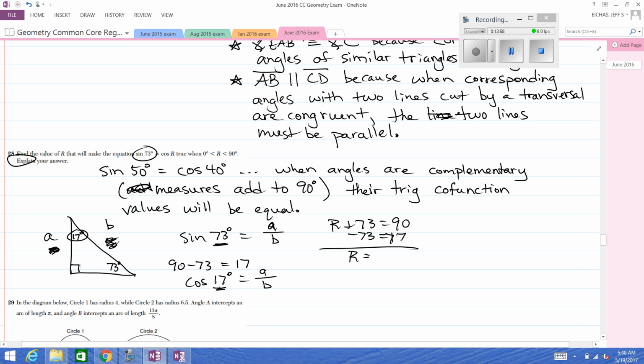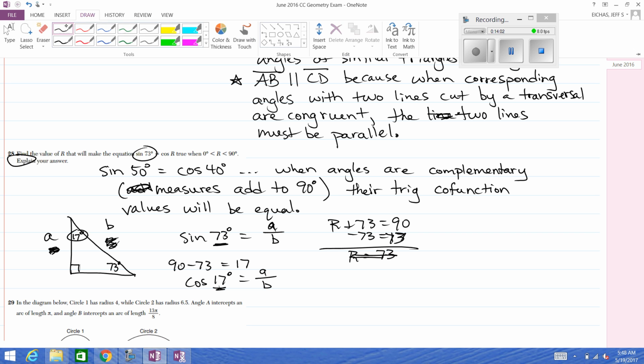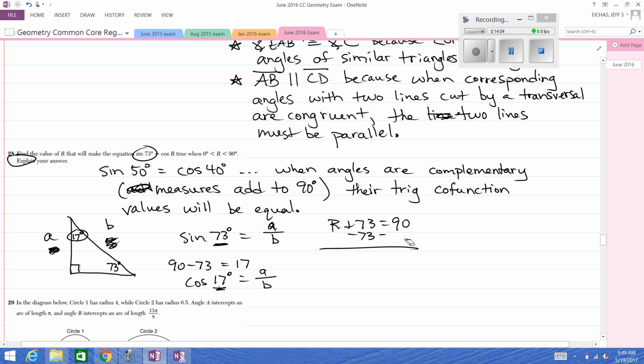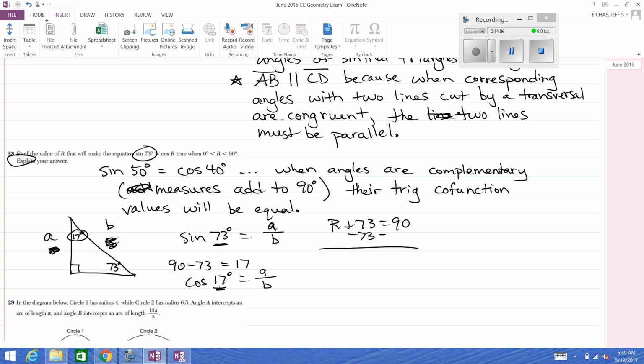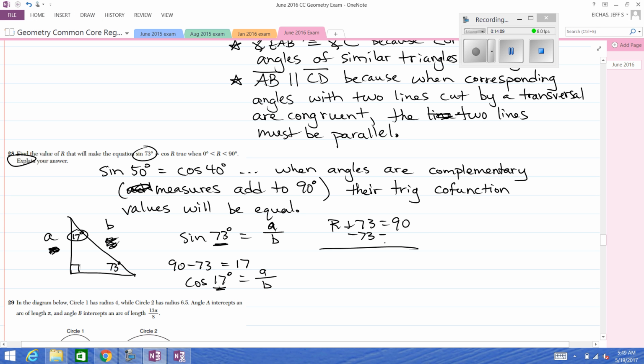And, whoops. Let's try this again. A little too fast here. R is 17. So I've got R is 17. I've got a decent explanation there, right? So that's going to cover us.